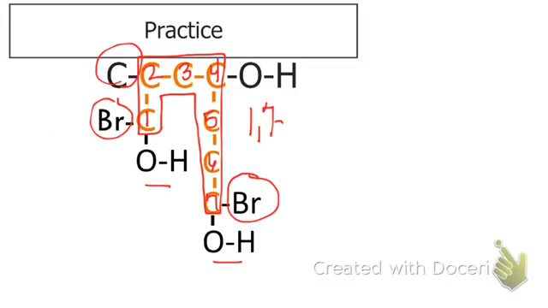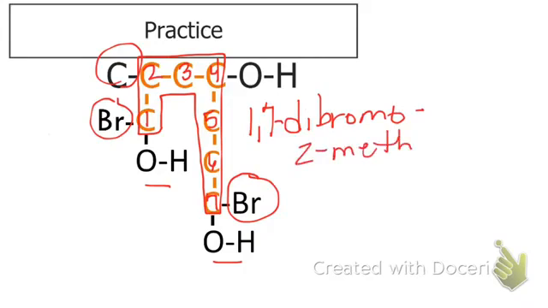There's two bromos, so di, bromo. On carbon 2, we have a methyl, so 2, methyl. And then we look at our alcohols. Well, on carbon 1, carbon 4, and carbon 7, we have alcohols.